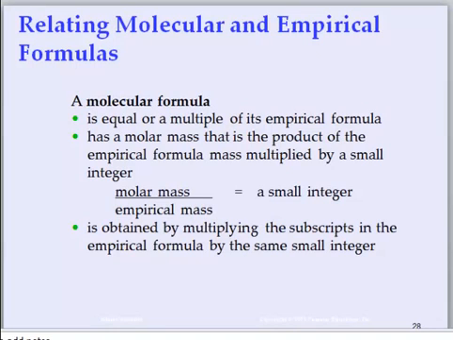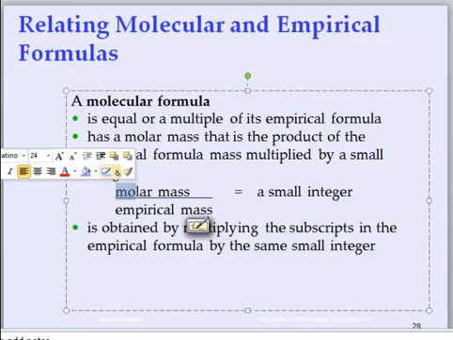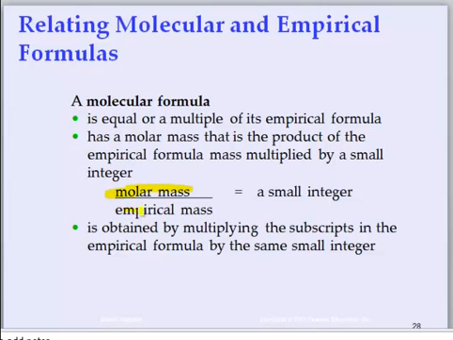Another section we want to go over is how do we relate molecular and empirical formulas to each other. A molecular formula is always equal to or a multiple of its empirical formula, because remember, in a molecular formula you take the actual number of moles of an atom and you take the mass of all of them. Now, if you take the molar mass and you divide that by the empirical mass, you get a small integer.